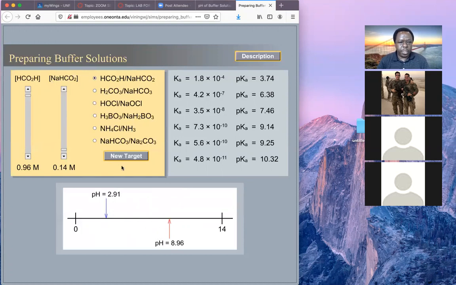So having that problem, maybe with the new target, you can get the new pH target: 3.84. So it doesn't seem to work for that. 3.56, 3.78. You click it probably like 50 times. New target.